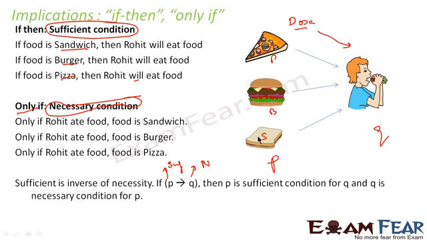If pizza, if burger, if sandwich, they are sufficient conditions. But Rohit ate food, only if Rohit ate food, is the necessary condition. Correct? So in a case where P implies Q, P is a sufficient condition and Q is a necessary condition. Hope this point is clear.